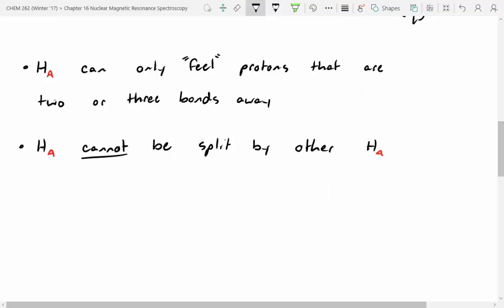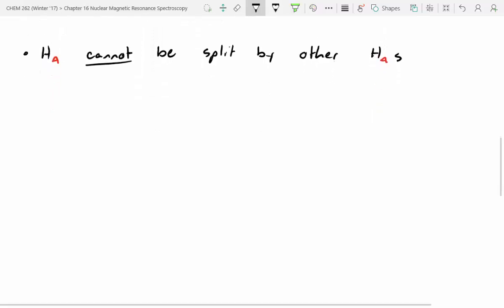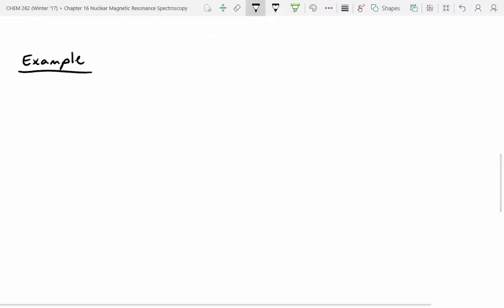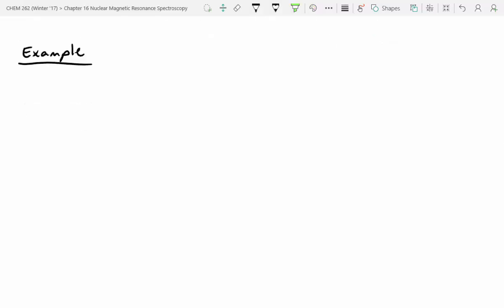So let's go through and do some examples, and I want you guys to help me predict the splitting pattern for an example molecule. Okay, and we'll do our favorite example, ethanol.